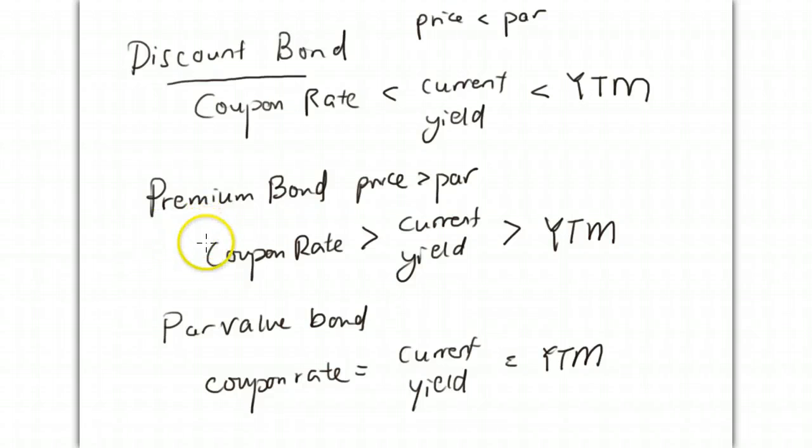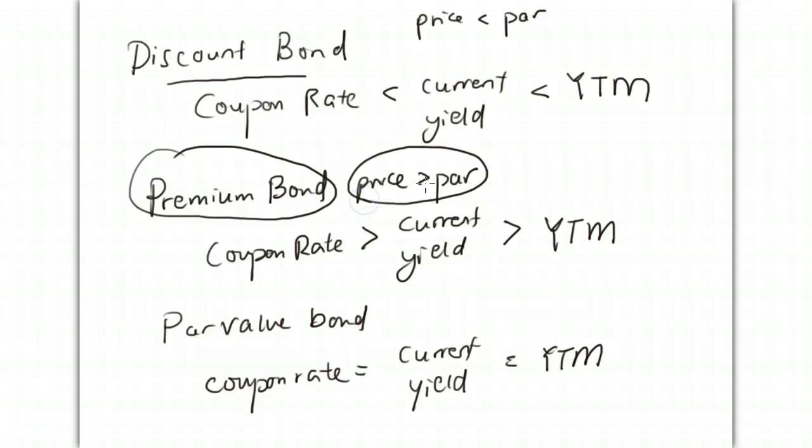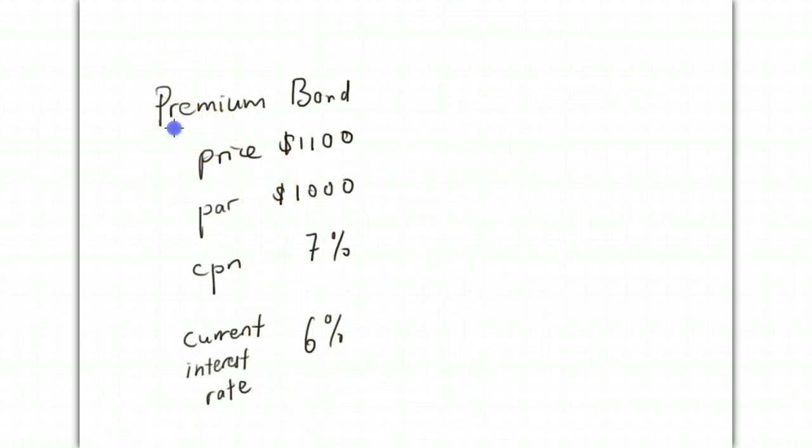So you might have a question: why would anyone want to buy a premium bond? Why would anyone want to pay a current market price that is higher than the par value? For example, the price of a premium bond is $1,100, the par value is $1,000 and the coupon is 7%. However, the current interest rate for a comparable bond with equal risk is 6%.